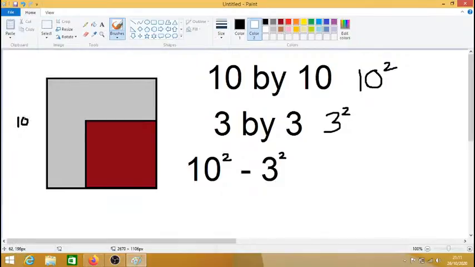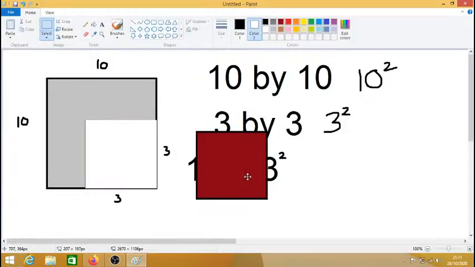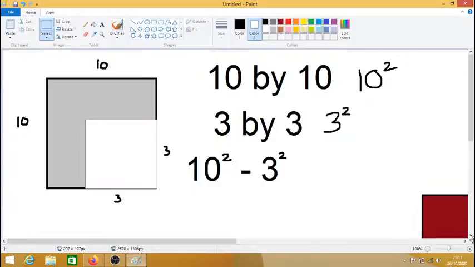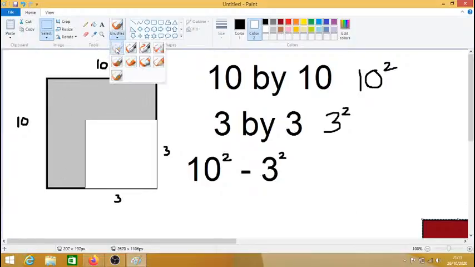That's a 10 by 10, and this is a 3 by 3, and I've removed the 3 by 3. What's this area that I've got left in grey? Hopefully you'll see that it's quite easy to work out. You do 10 squared, take away 3 squared, and there's your answer.